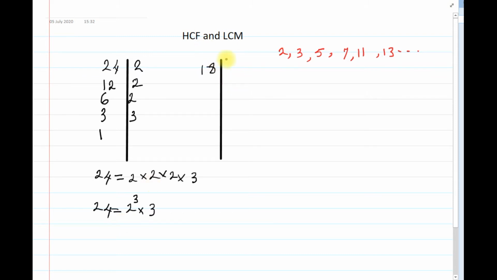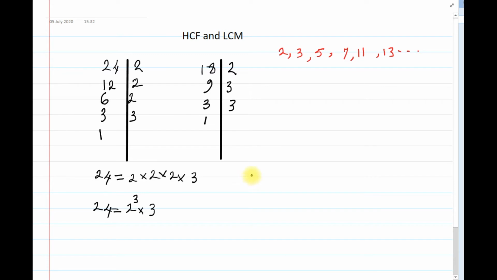Now we come to 18. We do the same. Is 18 divisible by 2? It is, because it's an even number. 18 divided by 2 is 9. Is 9 divisible by 2? No. Is it divisible by 3? It is. So 9 divided by 3 is 3. 3 divided by 3 gets 1, and this stops here.